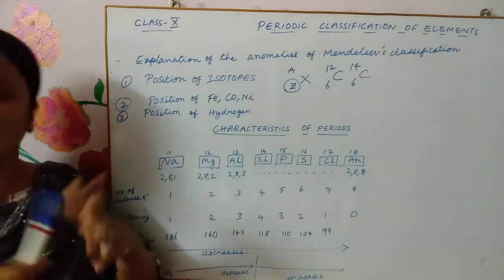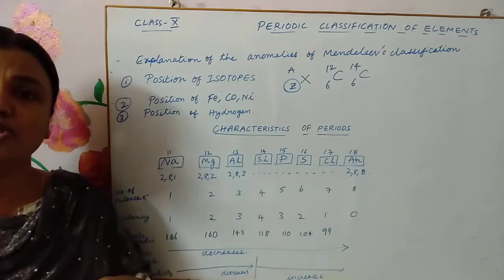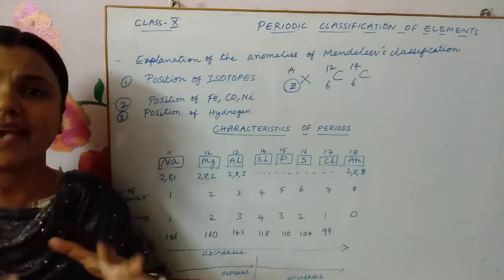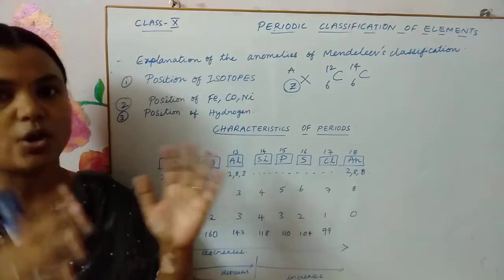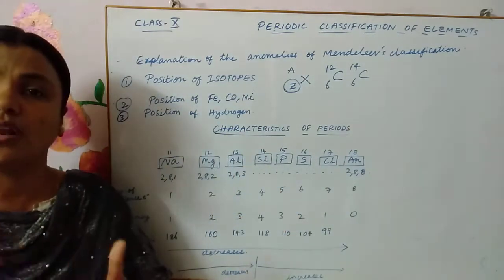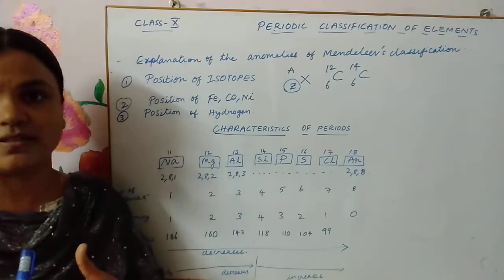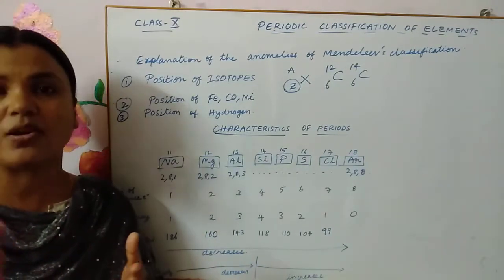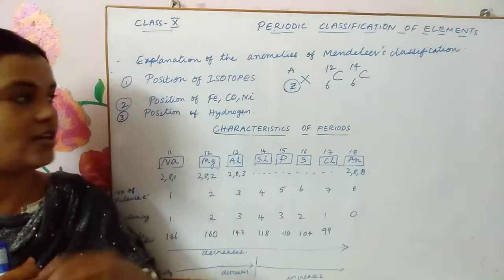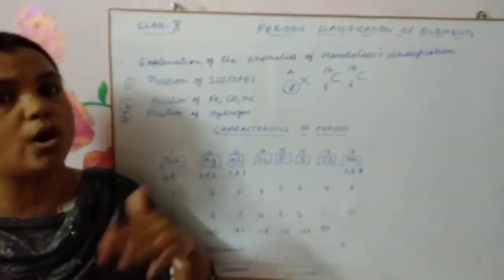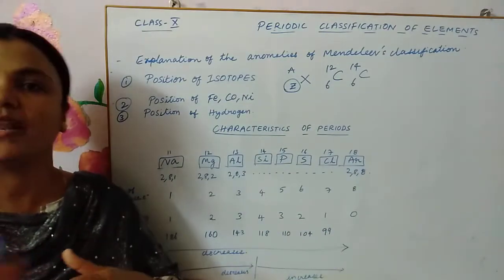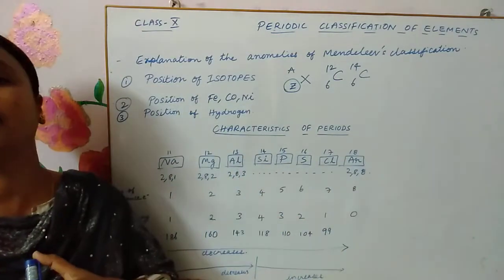Position of hydrogen also, children. We know that hydrogen has the characteristic properties of both: it is more like the metals and also like the halogens, the salt producers. Halo means salt and gen means producer. So it has certain characteristics similar to both the group 1 elements as well as group 17, the halogens.